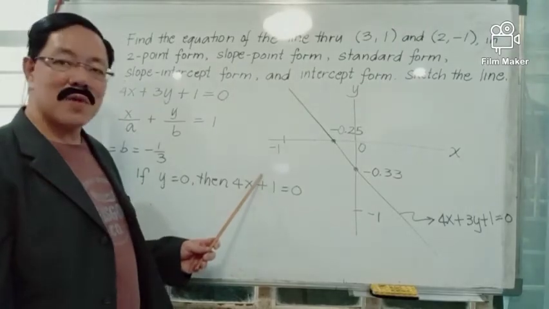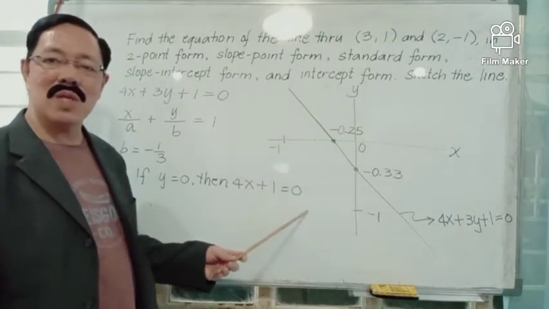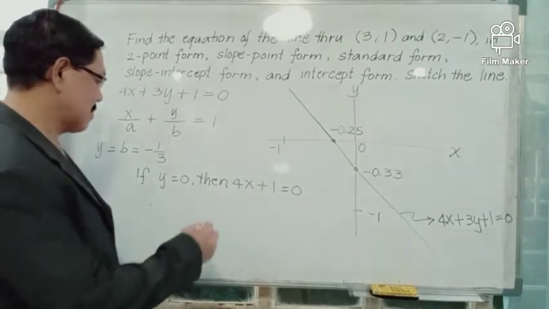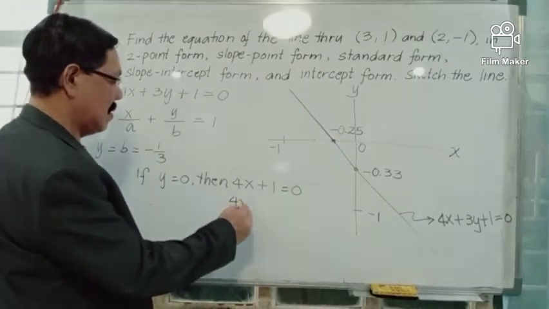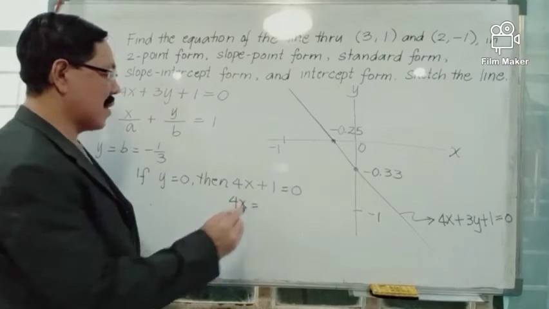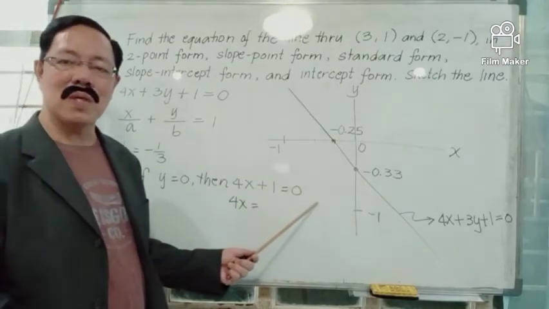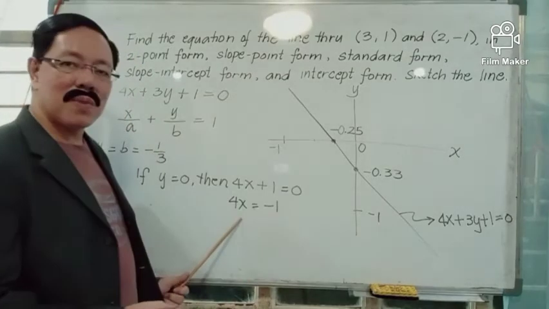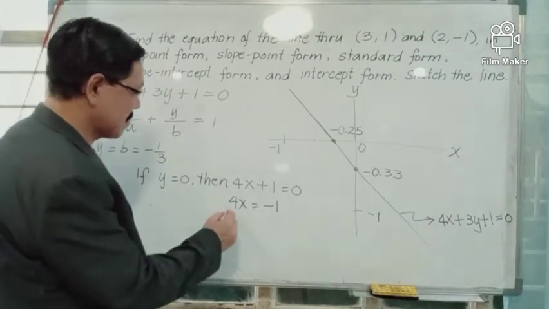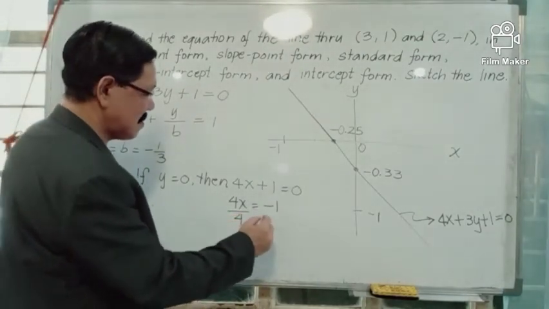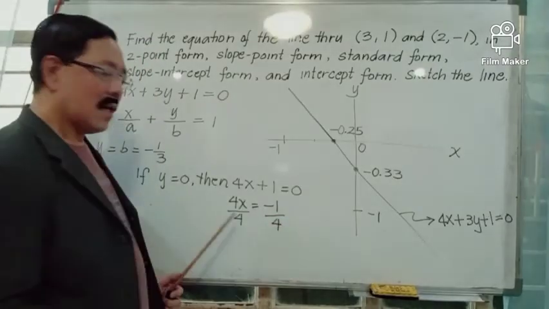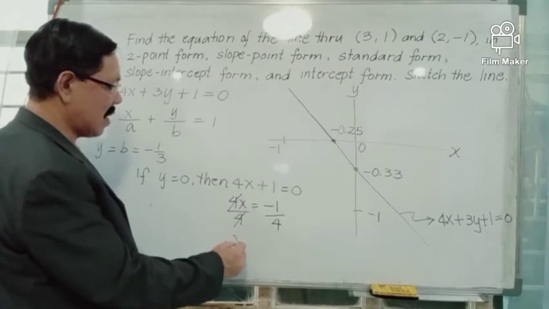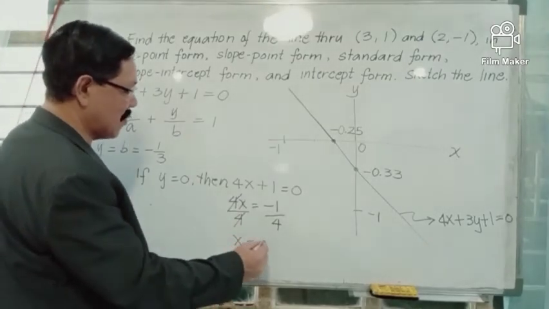We first transpose positive 1 to the right hand side, we get 4x equals negative 1. And we divide both sides by 4, and 4 will cancel out from the left hand side. We get x equals negative 1/4.